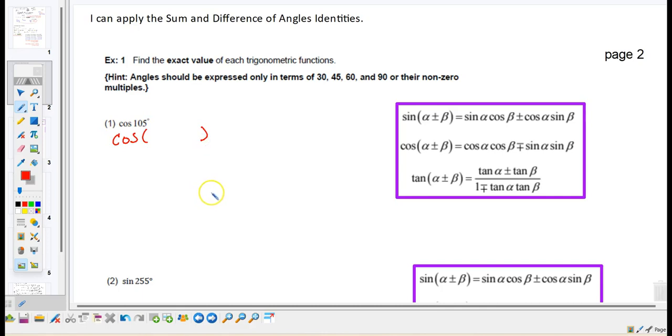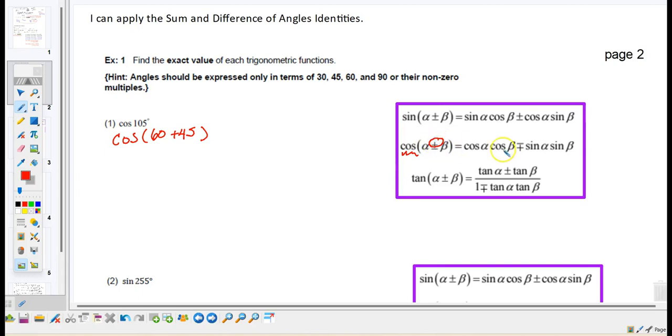There's many choices. I'm going to go with 60 and 45. If you pick something else, that's fine. If you want to get the same exact process with me for the first one, change your choices to 60 and 45. So using my identities here, I've got a cosine with 2 angles, and we're adding.